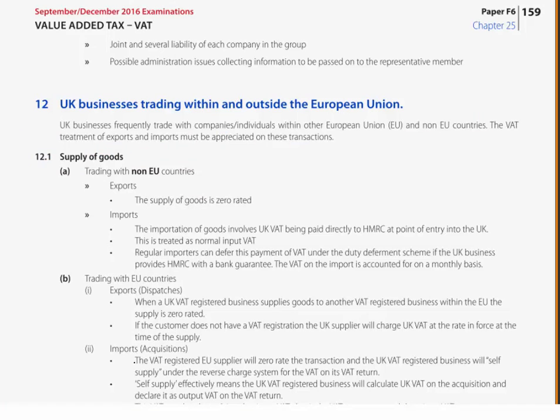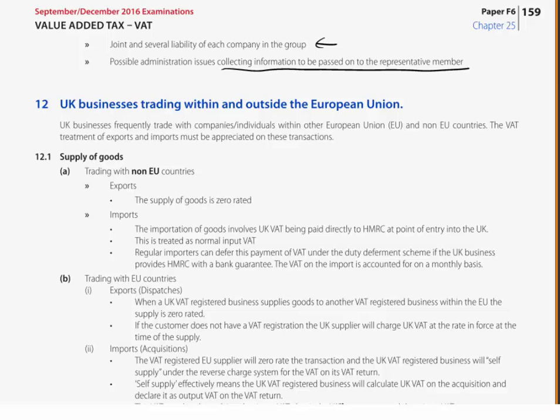Other points, as we've already made the point, joint and several liability for each company in the group for the group's VAT debts. And still got admin issues with collecting the information to be passed through to the representative member. We still have the same problems, that the information about each particular company's inputs and outputs need to be determined.